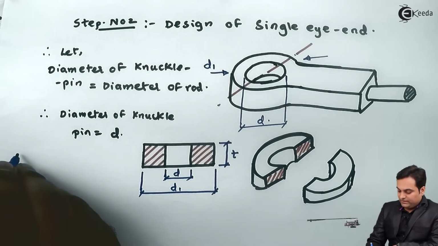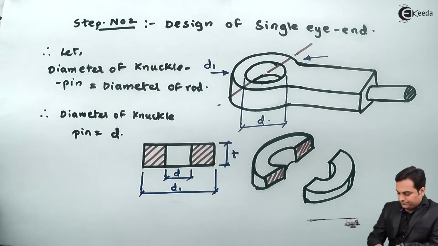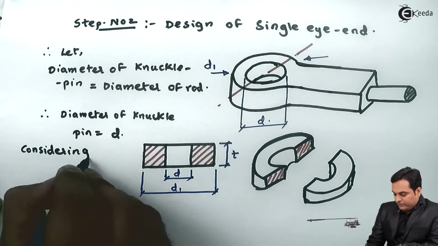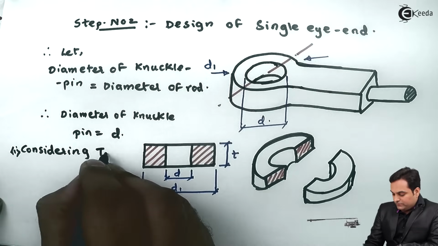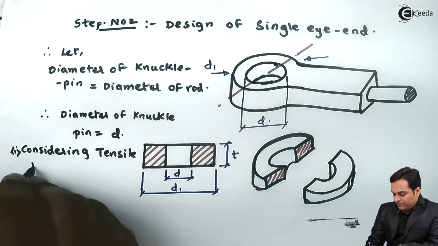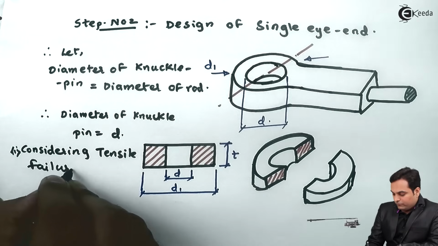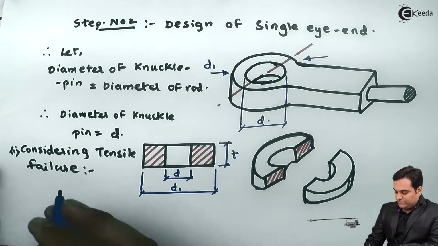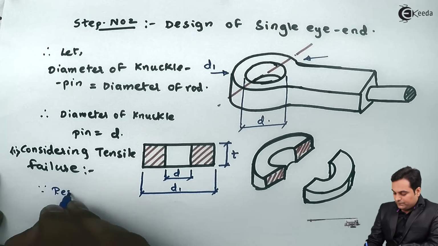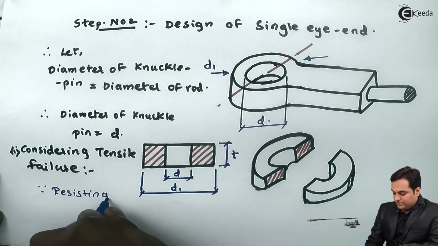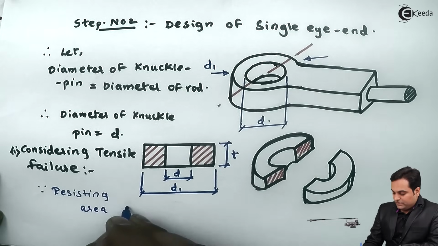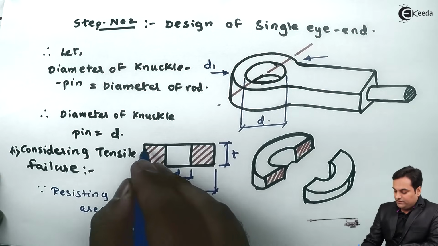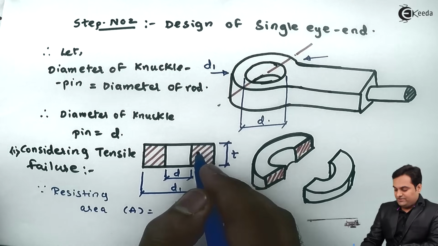So I'll say that considering the first kind of failure, that is tensile failure for single eye end, the resisting area, capital A, will be equal to (D1 minus d), that is the area of this portion which I have sectioned.